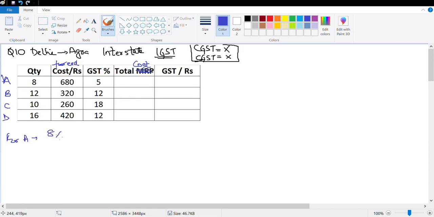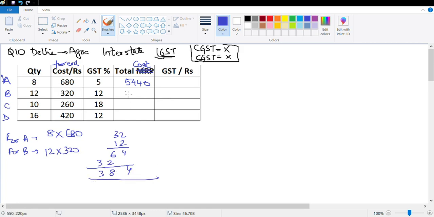So for A, what is my total cost? 8 into 680, that's 5440. Therefore B will be 12 into 320, which is 3840.